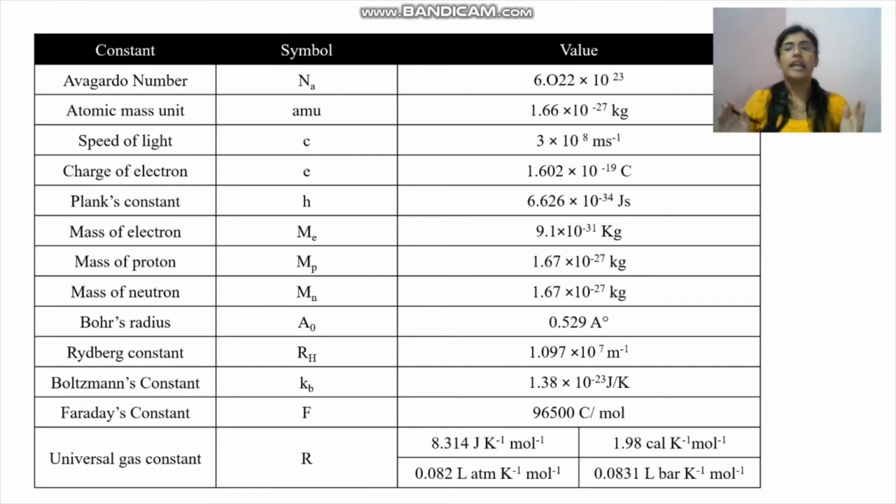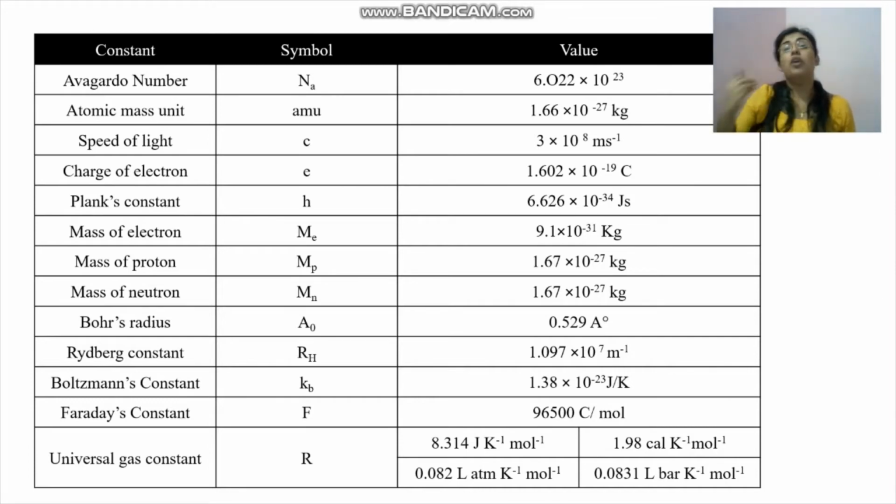Then last, we have the universal gas constant R, a very commonly used constant. In a lot of places we use this gas constant, like the ideal gas equation, PV equal to nRT, and in the real gas equation also. So this R is a very useful constant and we have to remember its values.